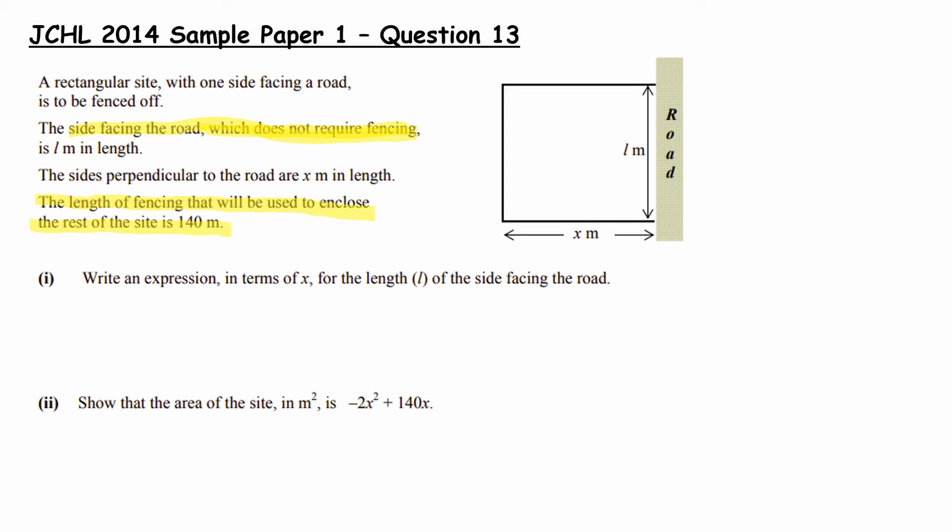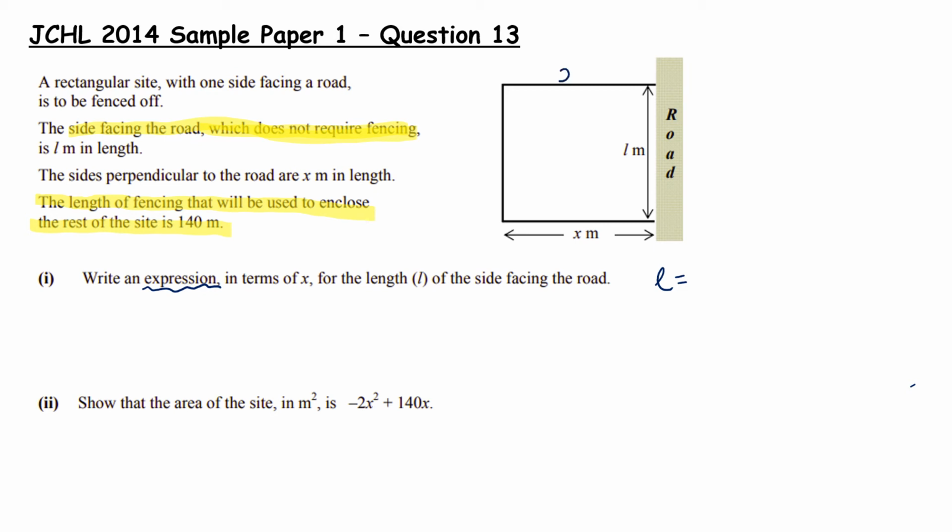Okay, so we're looking for L in terms of x. Now the use of the word expression is a little bit misleading here because we're going to get L equals. So yes, it is an expression for L, but we're going to have to start with an equation.